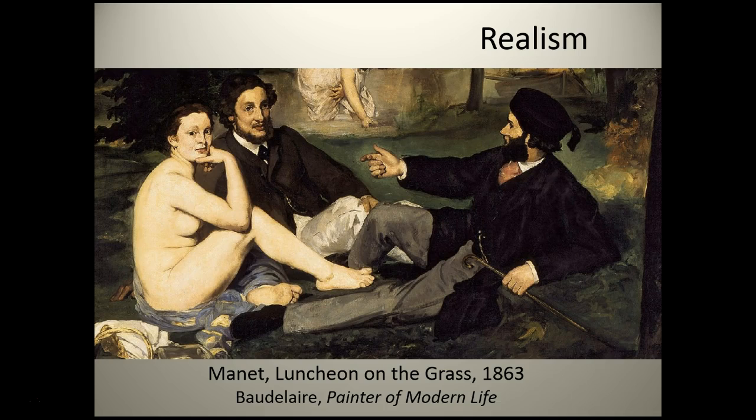The painting features a nude woman who seems to be casually lunching with two fully dressed men. Her body is starkly lit, and she stares directly at the viewer, almost in a very confrontational way. The two men, dressed as young dandies, seem to be engaged in conversation and almost seem to ignore the woman, even though I think they do.